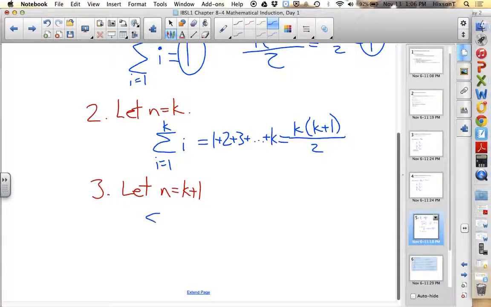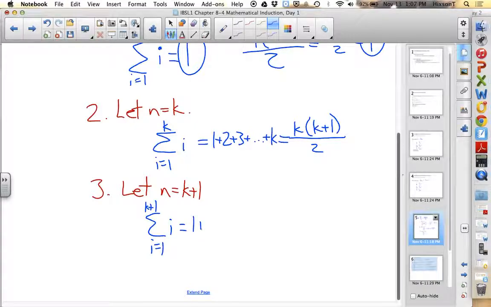The sum from i equals 1 to k plus 1 of i. And this one we definitely want to expand out, because we're not really going to do anything with the sigma notation. We're going to look at the expanded form. And that's going to be the key to our proof.